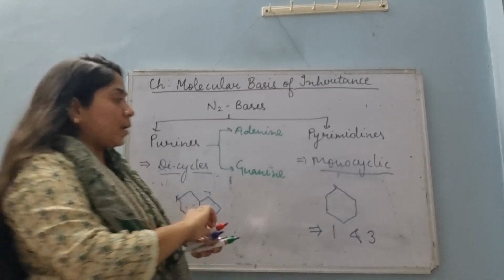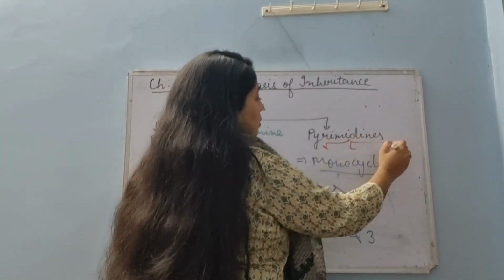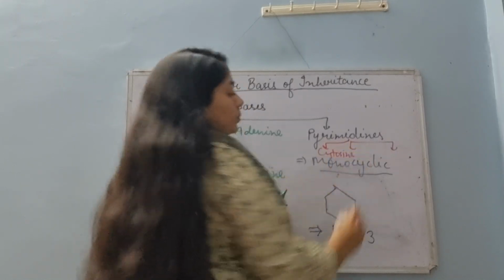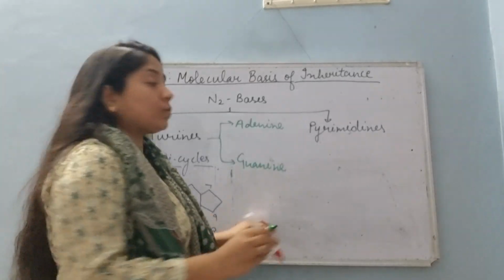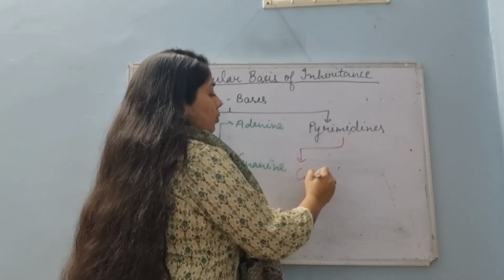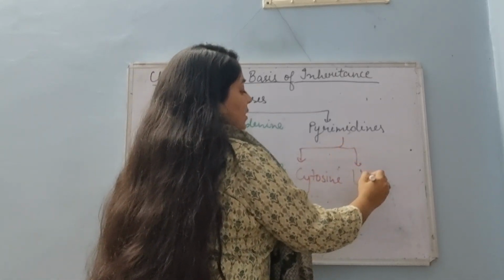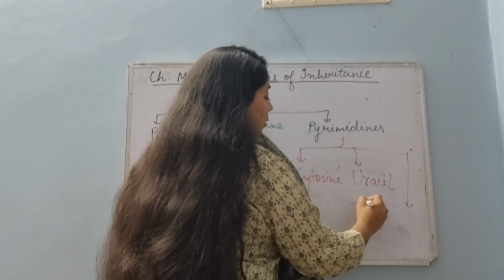And pyrimidines are of 3 types. First one is cytosine, second one is uracil, third one is thymine.